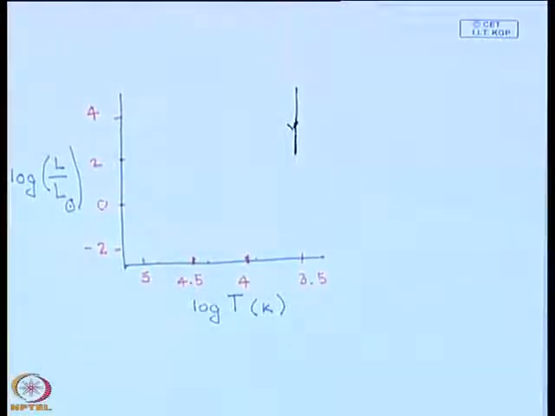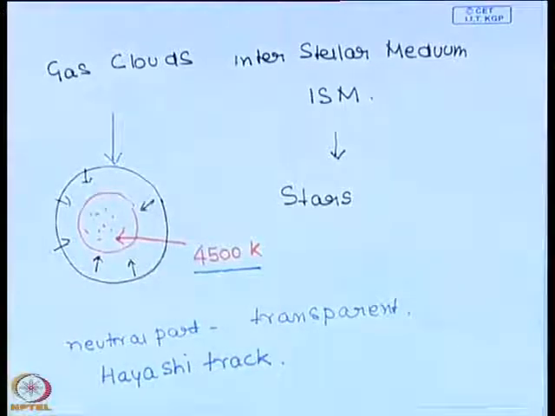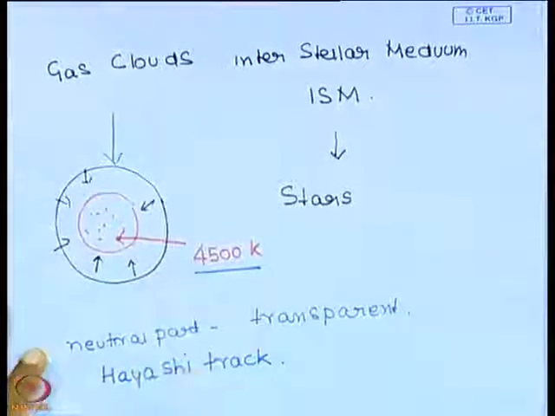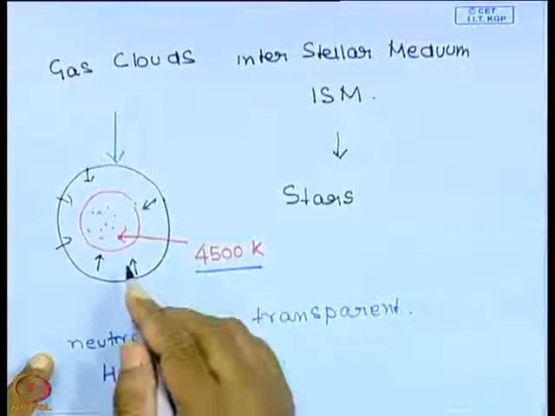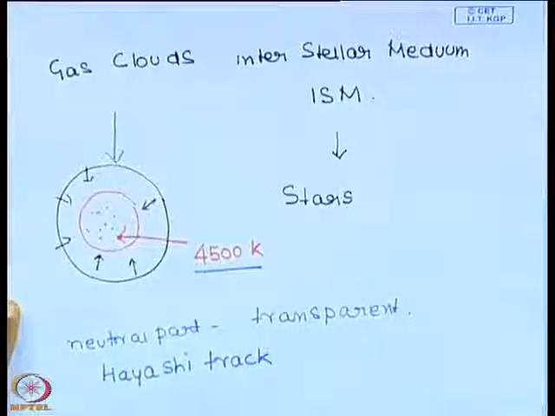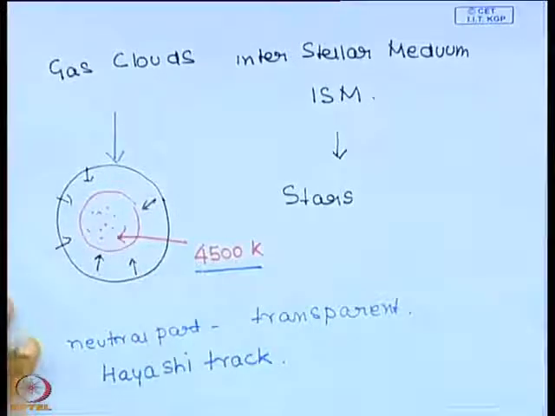Okay. Now let me draw the main sequence. As the cloud collapses, the temperature and density in the center become adequately high that hydrogen starts burning, the nuclear reaction starts, and it forms helium. That leads us to the stable main sequence configuration.